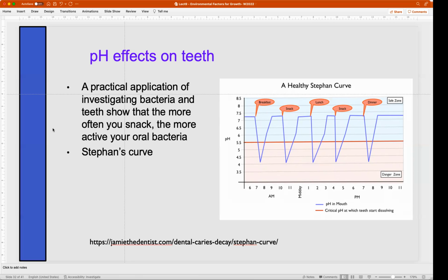You eat, they become active, and you can actually follow this. This effect was known in the 1920s and 30s, where the pH in your mouth drops after every time you eat.